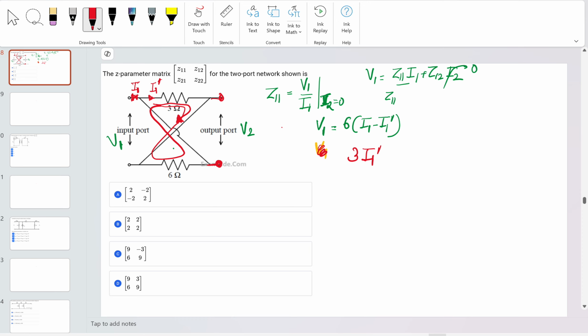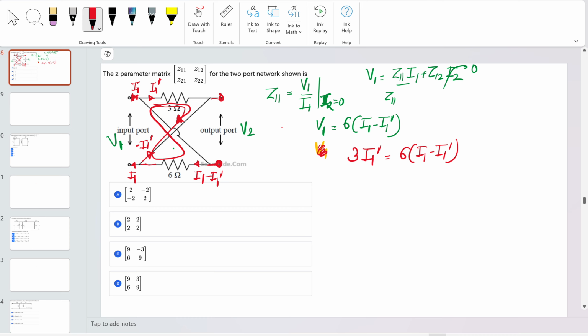Here also the current going through is I1 minus I1 dash, since no current comes from the output, and it flows like this and goes into I1. So this is equal to 3 times of I1 dash, which is equal to 6 times of I1 minus I1 dash.